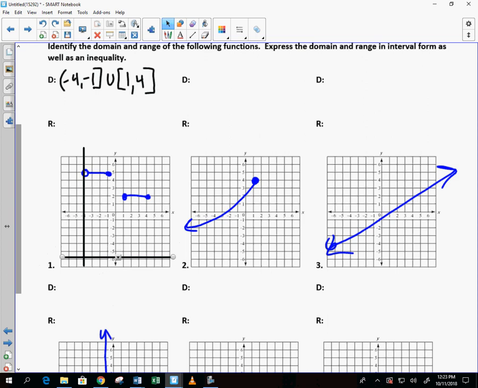Okay. Is there any output down here? Here? How about here? What's that output? Anything after that? How about here? So I just got 2 and 5. Not everything between 2 and 5, but just 2 and just 5. How do we show just 2 and just 5? Roster.